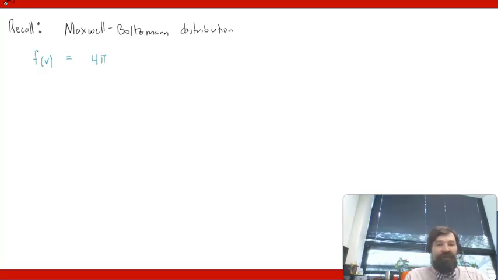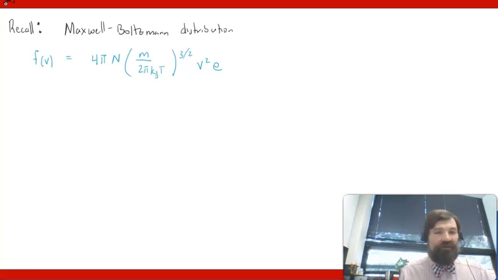So this was 4 pi times n times the mass divided by 2 pi times Boltzmann's constant times temperature, quantity to the 3/2 power, times the speed squared times the exponential of negative 1/2 m v squared average divided by k sub B times T.